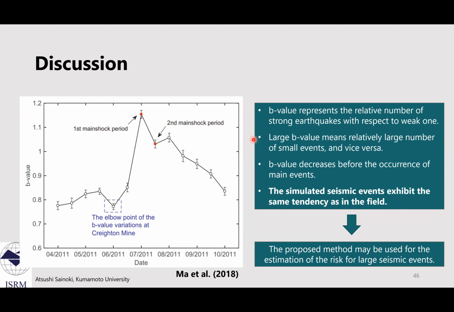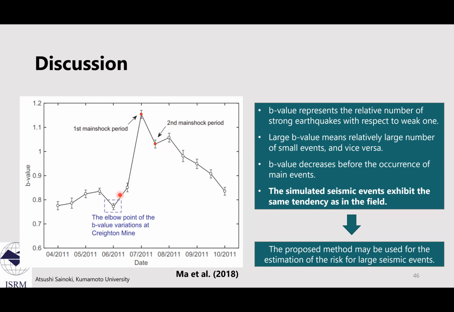Interestingly, this trend is similar to the tendency in the field. As shown in this figure, the b-value decreases before the occurrence of a strong event, the main shock, in the field.